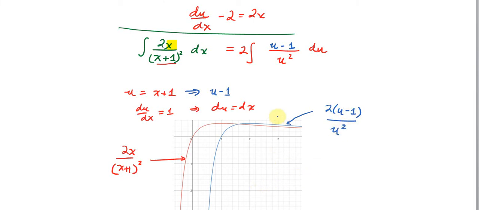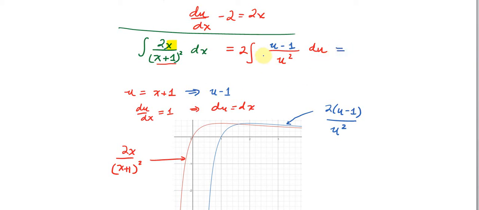So you can see that the blue and the red are just transformations of each other. What we're really doing here is altering the original problem a little bit using transformations, and that actually makes the problem easier to solve. So this is where we're using integration by substitution, not as the reverse chain rule, but rather as a transformation problem.